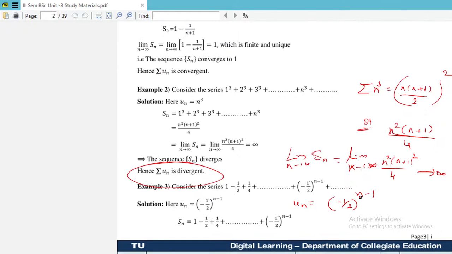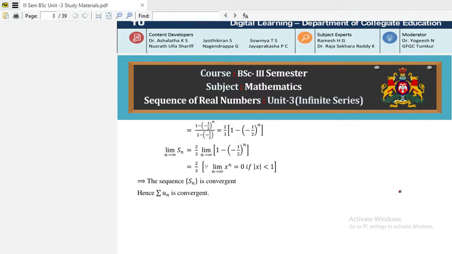Sequence of partial sums. Sn is equal to 1 minus 1 by 2 plus 1 by 4 and so on plus minus 1 by 2 whole raised to n minus 1.